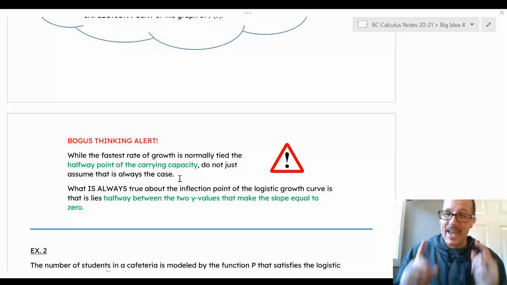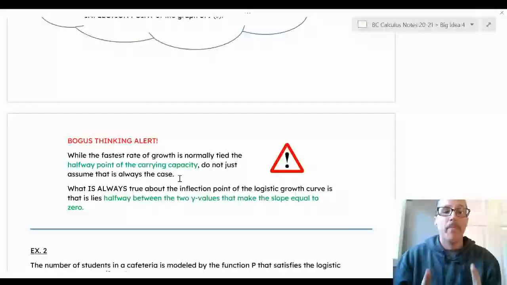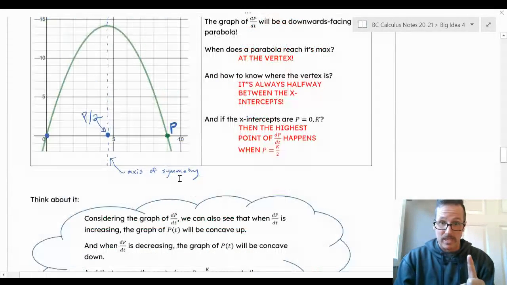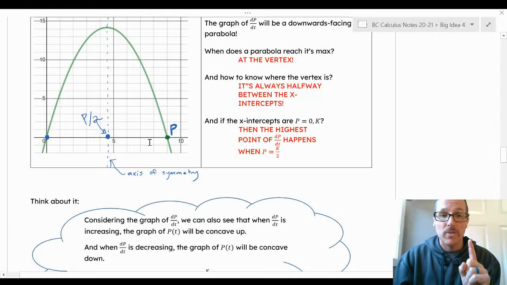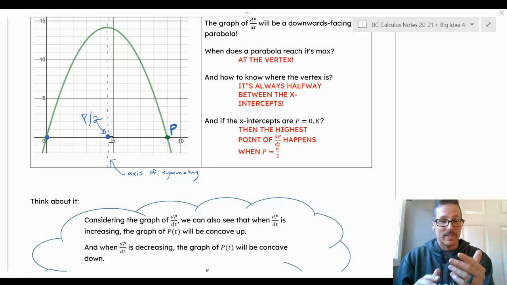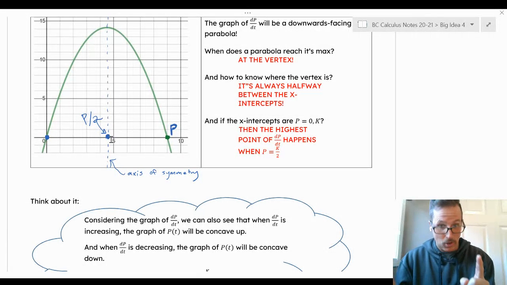But what is actually true for all cases is the halfway point of the two x-intercepts of dP/dt. Let's say the two x-intercepts aren't 0 and K. What if it's 2 and K? The halfway point between 2 and K is not K over 2.